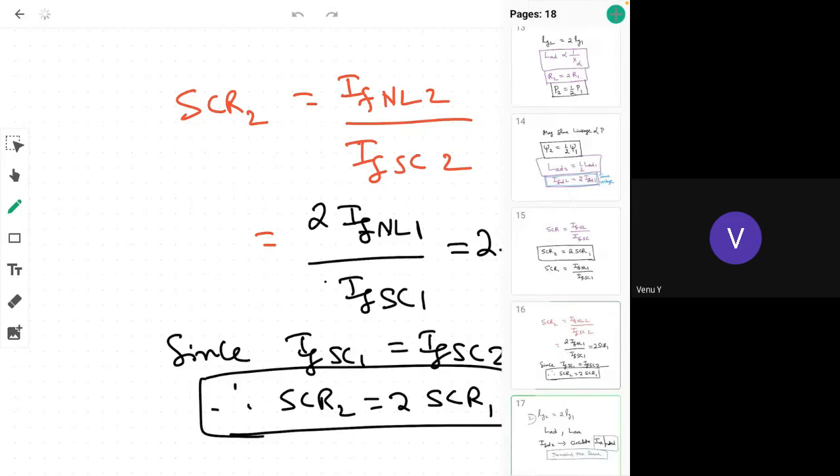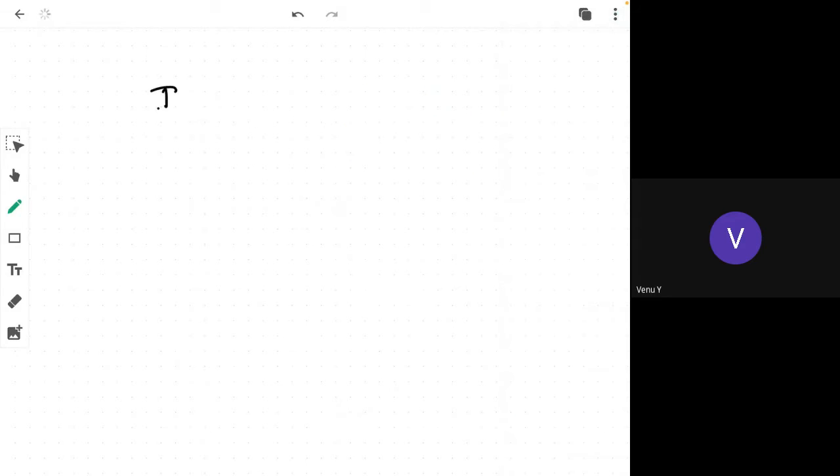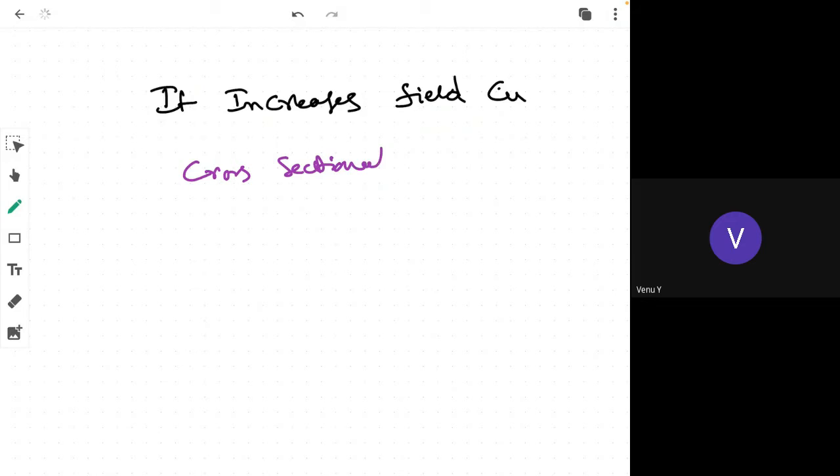So it increases the field copper, and it requires a greater cross-sectional area.